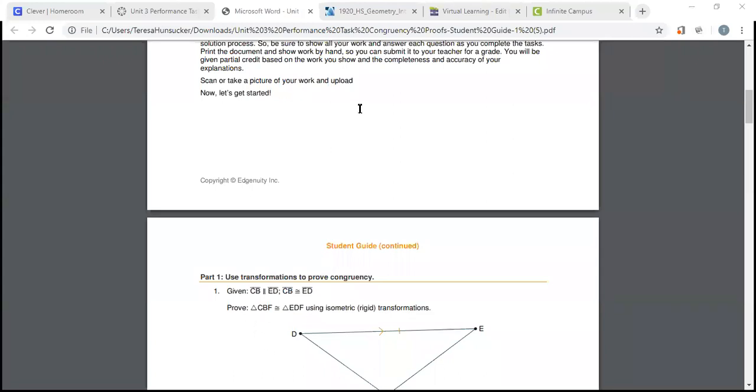You would write this statement. This would be the last statement you'd make in your paragraph proof. And you would say they're congruent by side, angle, side. No, angle, side, angle, sorry. All right.